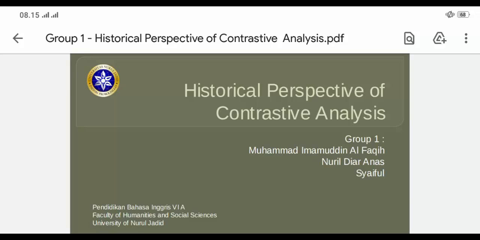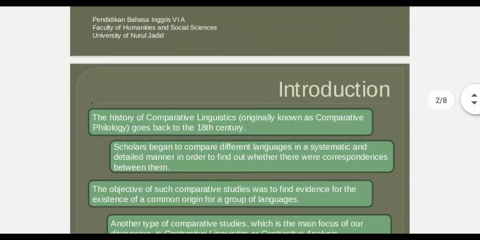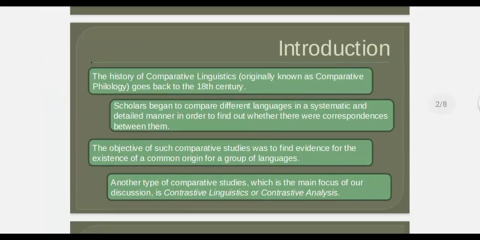We would like to explain to you about the historical perspective of contrastive analysis. The history of comparative linguistics, originally known as comparative philology, goes back to the 18th century.